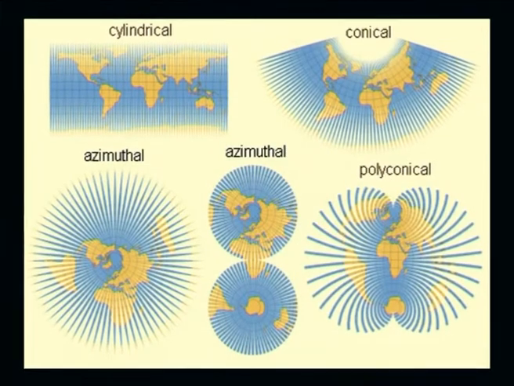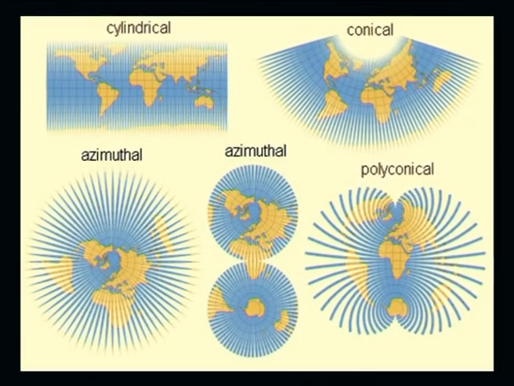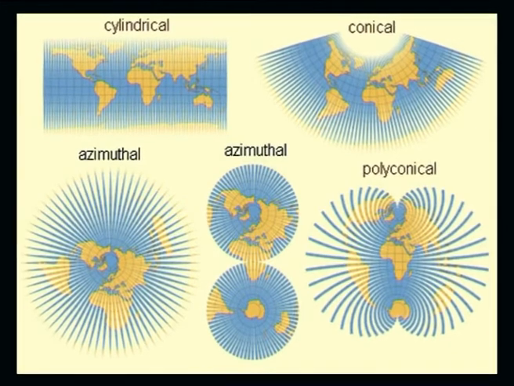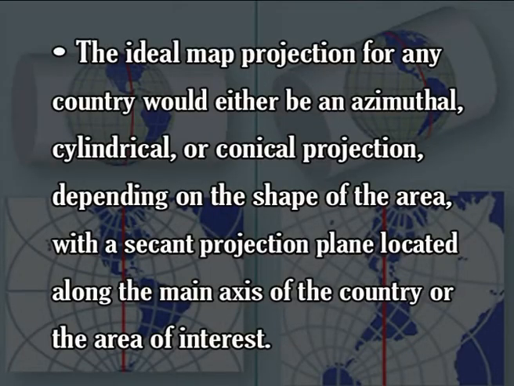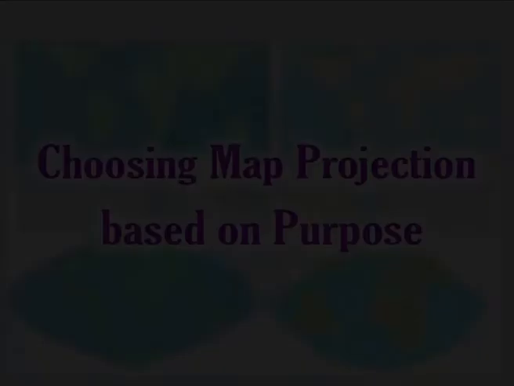The choice of the map projection class, cylindrical, conical or azimuthal, depends largely on the general shape of the mapping area. In summary, the ideal map projection for any country would either be an azimuthal, cylindrical or conical projection depending on the shape of the area, with a secant projection plane located along the main axis of the country or the area of interest. The selected distortion property depends largely on the purpose of the map.